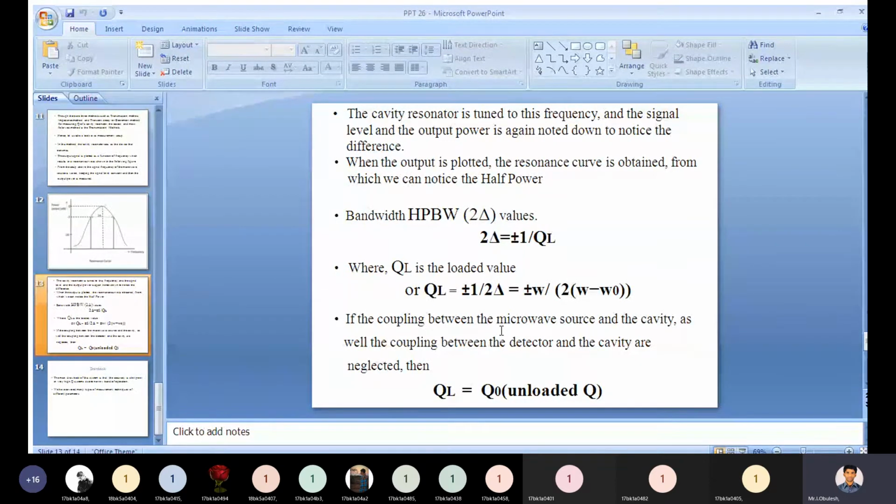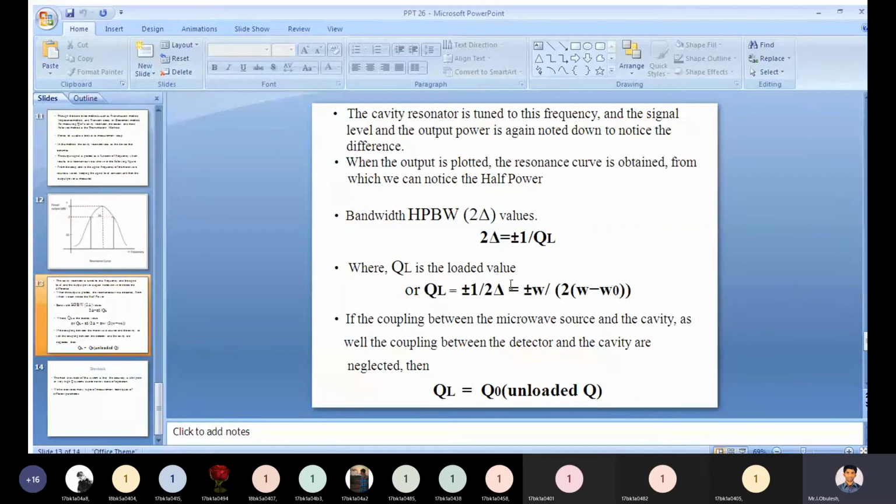So Q_L is equal to plus or minus 1 divided by 2 delta. You just need to shift Q_L to this side and 2 delta to that side. That's it, then you will get the Q_L value.